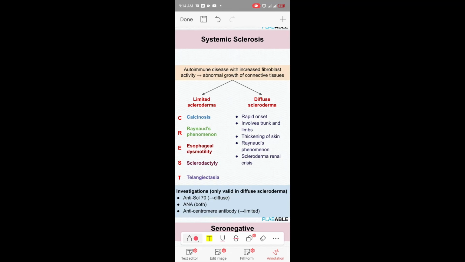If we talk about the antibodies over here, anti-Scl-70 is positive in diffuse, while in limited, anti-centromere antibodies are positive.